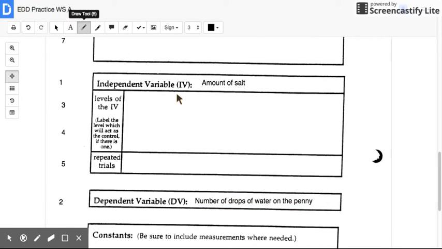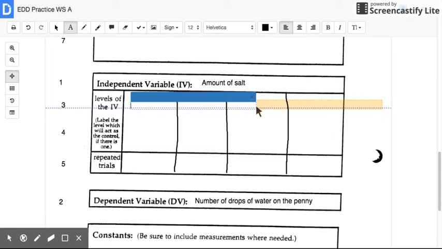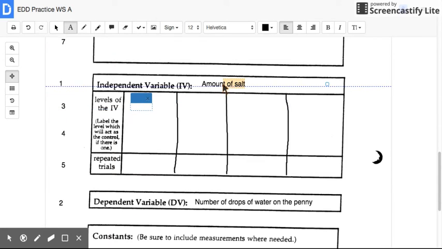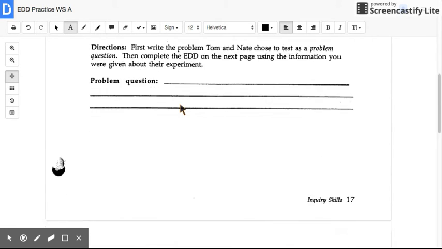We'll change over to the draw tool. Now, when it comes to this particular part, you have to break the independent variable into the different groups that we have. And in this case, we have several different levels of the IV. Since it's the amount of salt, if you go back and look in here, you can see that one beaker had no salt, another beaker had 0.5 grams, 1 gram, and 2 grams.